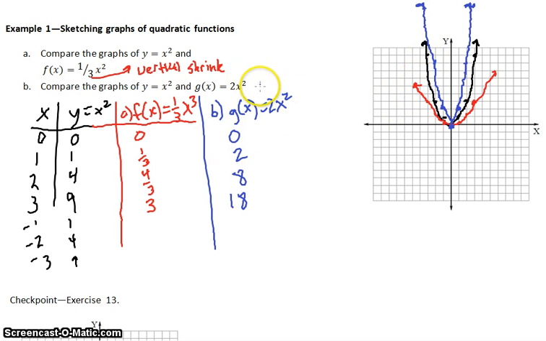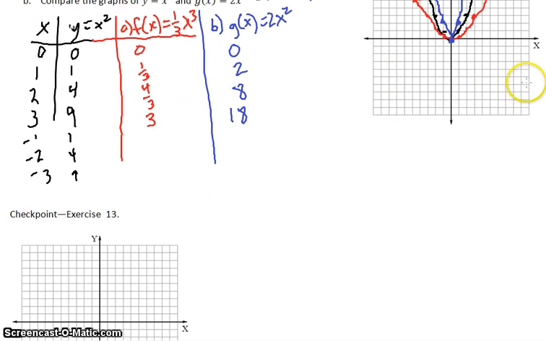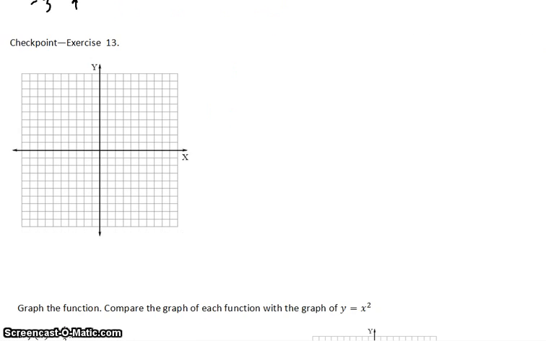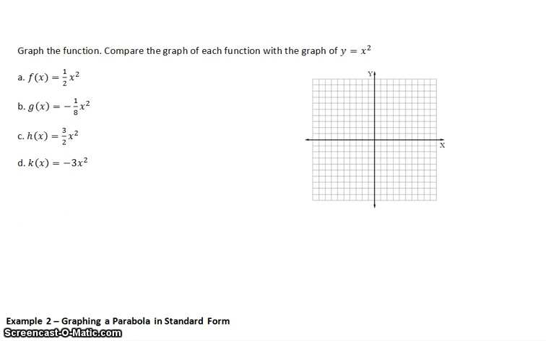So this is a vertical stretch of the original graph. All we've done is show what the graph looks like and how putting a number in front of it changes the physical appearance of the graph itself. It changes it from a vertical standpoint by making it more steep or less steep.